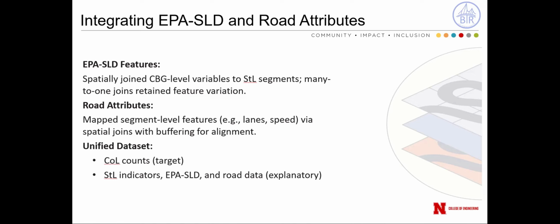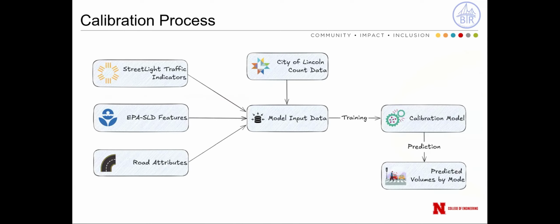Similarly, we mapped road attributes like lane count and speed limits to the same segments using GIS joins, with buffering used to ensure proper spatial alignment. This is an illustration of the calibration process.